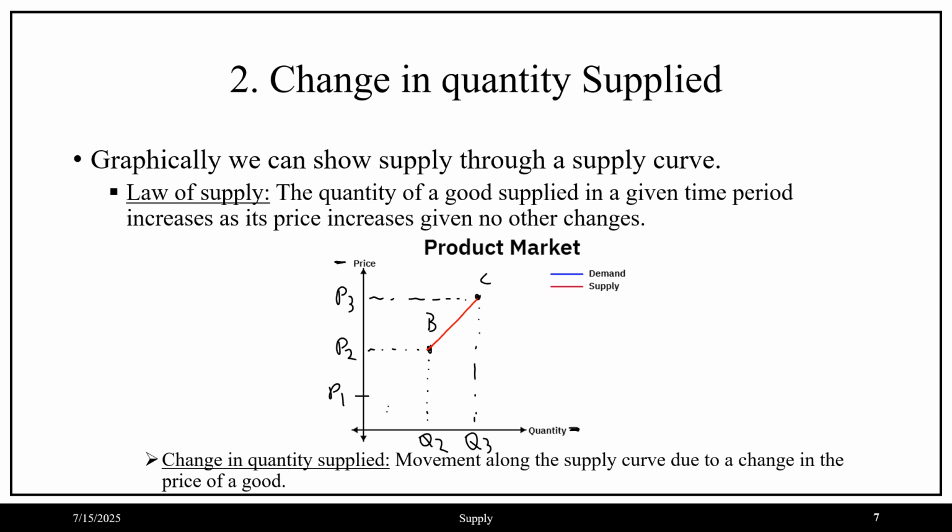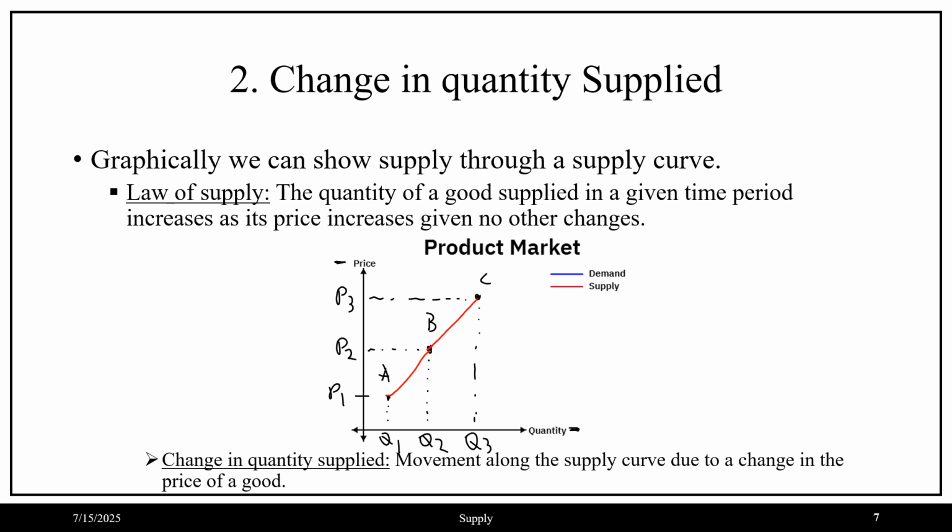So we should expect to see a fall in quantity supplied, giving us point A, giving us movement from B to A, which is once again a change in quantity supplied, movement along the supply curve due to a change in price. Quantity supplied responding to price.